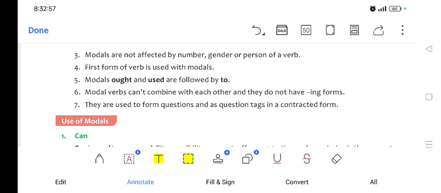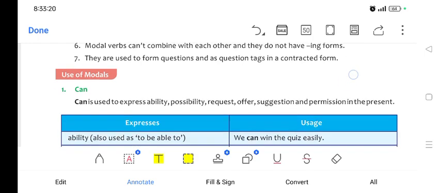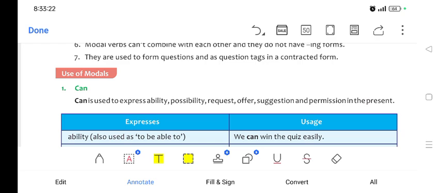It means it does not change according to number, gender, person, and this happens in present indefinite tense. Understood? Now the fourth one, the first form of the verb is used with modals, as I have already mentioned. Modals ought and used are followed by to. Modal verbs cannot combine with each other and they do not have ing forms. They are used to form questions, as question tags in a contracted form.